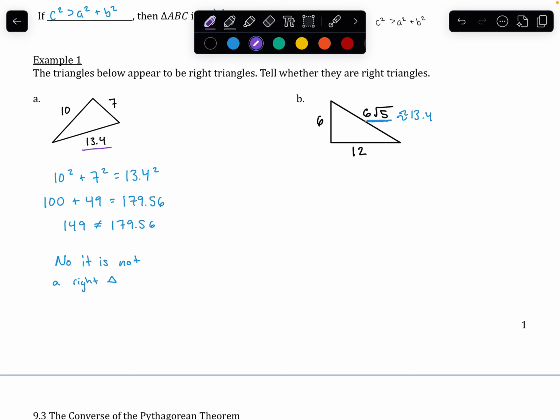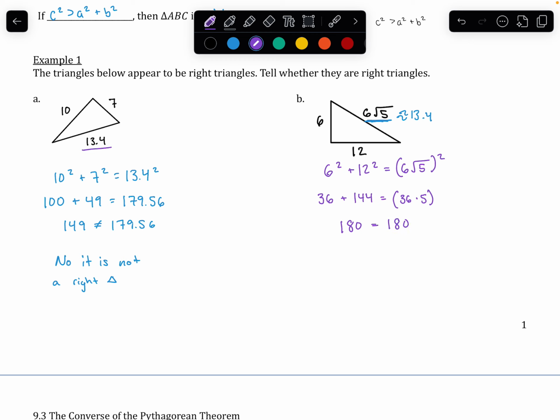So I'm going to do 6 squared plus 12 squared equals 6 square root 5 squared. 6 squared is 36 plus 12 squared, which is 144, equals 6 squared is 36, square root 5 squared is 5. 36 plus 144 is 180, and 36 times 5 is 180.